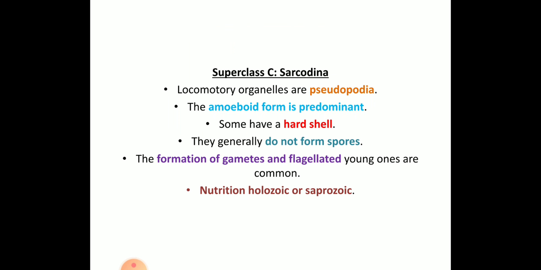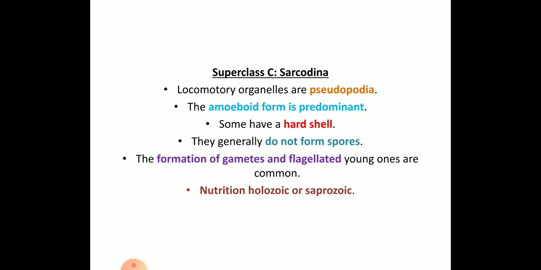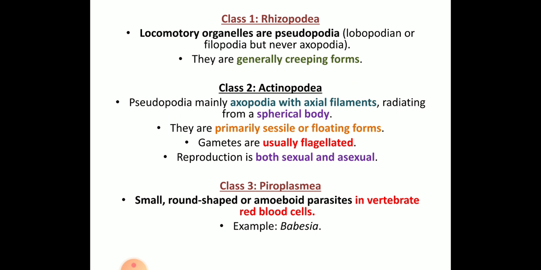And nutrition is holozoic or saprozoic. So this is the superclass. And coming to that classes now. So class 1, that is Rhizopodea. Locomotory organelles are pseudopodia. So they are generally creeping forms because they don't have any type of locomotory organelles, hence they tend to move with the pseudopodia.